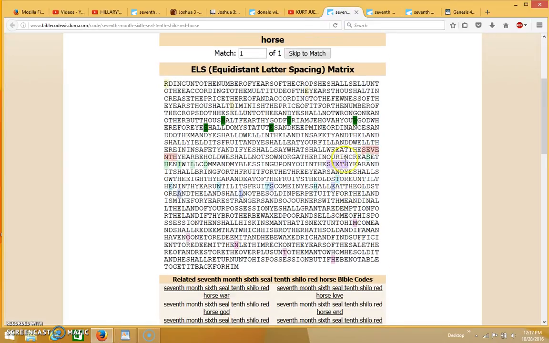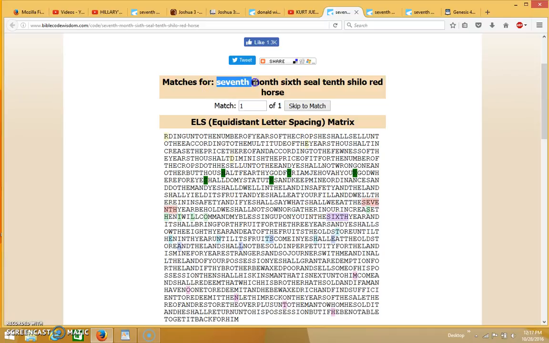And then you see here in the text where you have Shilo is where it talks about gathering in our increase, which would be the wheat harvest, which is represented by the bride. And of course the 7th month would be the month of Tishri, which is the month of the ingathering, or the Feast of Tabernacles.